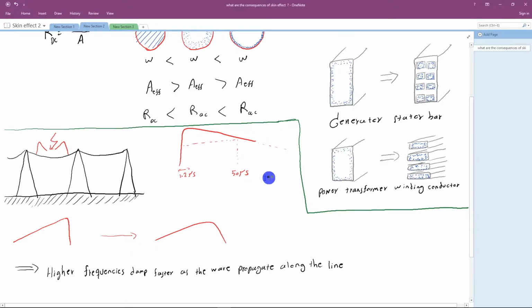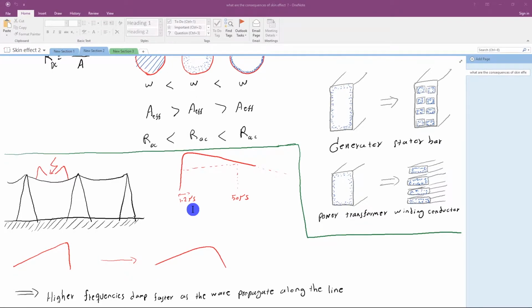Now, in the laboratory, to represent lightning impulse, we have a standard waveform. It's 1.2 microsecond rise time and 50 microsecond time to half magnitude for the tail. So it is obvious that this wave contains higher frequency and also medium frequency content. As the wave propagates along the line, those higher frequency components feel more resistance in front of them because the skin effect is higher at higher frequencies.